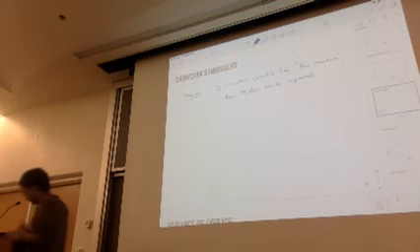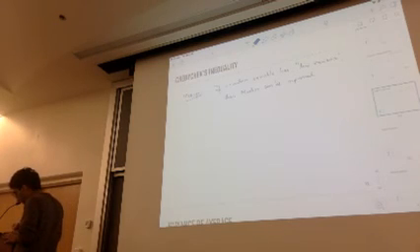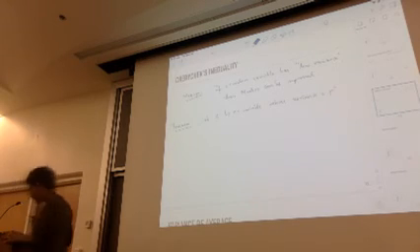And the way it works, let me now write the statement. The theorem is that let x be a random variable whose variance equals sigma squared.